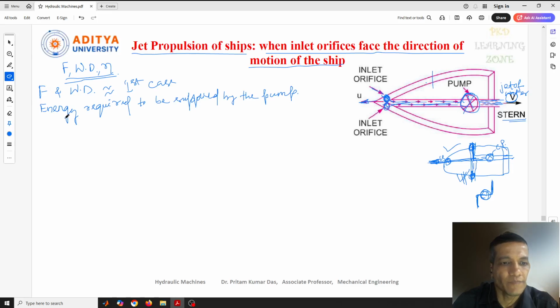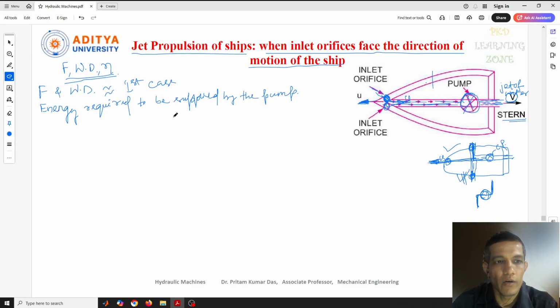As you can see, in this case the water enters with a velocity which is equal to the velocity of the ship, because this is the velocity of the ship u. So the velocity of water which is entering here will also be equal to this u. So that is the velocity u we can consider. We need to find the expression for the energy required to be supplied by the pump, or by the jet.